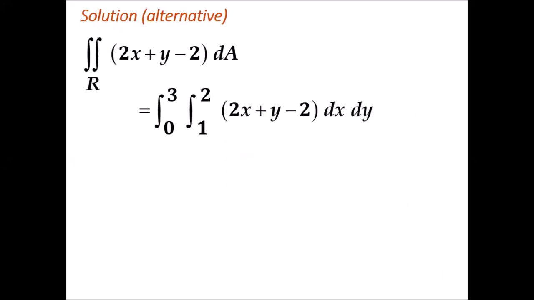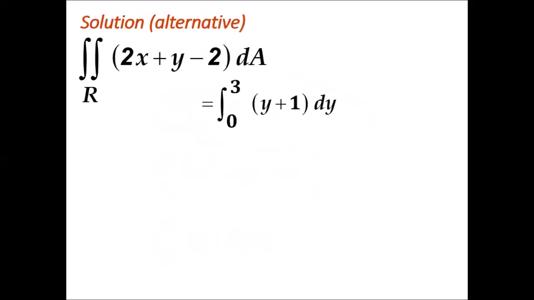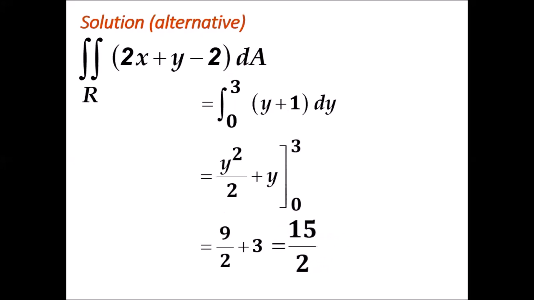Now, evaluating this integral will be left as an exercise. But rest assured that we can get exactly the same volume when we set dA to dx dy. That is 15/2.